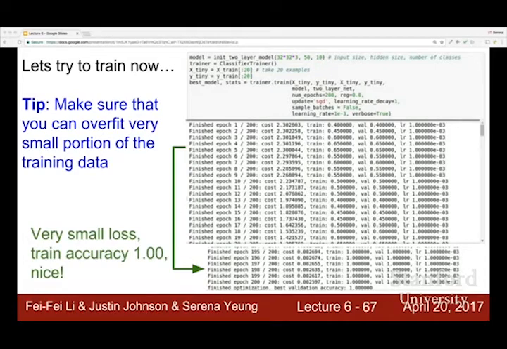We compute our loss at each epoch, and we want to see it go all the way down to 0. Here we can also see that our training accuracy goes all the way up to 1, and this makes sense: with a very small amount of data, you should be able to overfit perfectly.